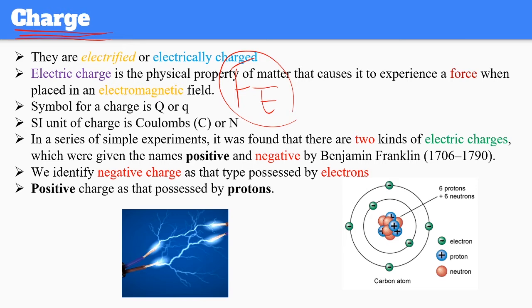And what is the source of a charge? It is going to have two sources. One of them is positive charges, which are possessed by protons. And we're also going to have negative charges, and the reason for the negative charge is electrons.